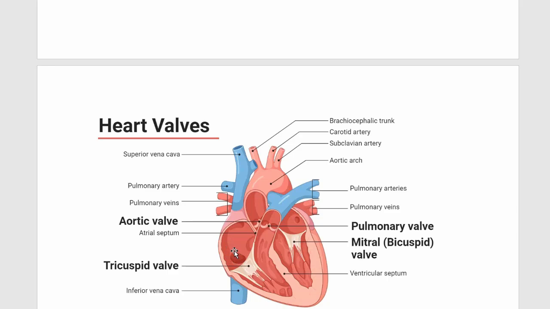Blood then passes from the right atrium through the tricuspid valve. Because the tricuspid valve sits between the atrium and the ventricle, it is known as an atrioventricular valve. Blood then moves up from the right ventricle to the pulmonary artery and passes through the aptly named pulmonary valve.